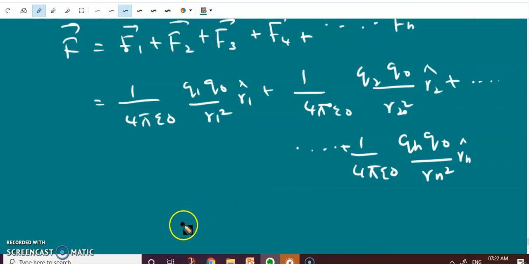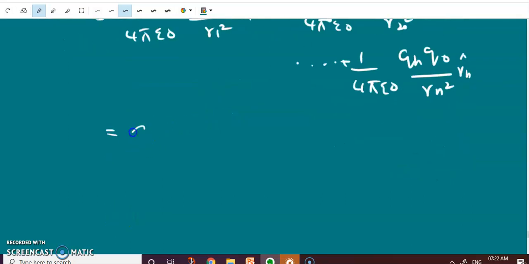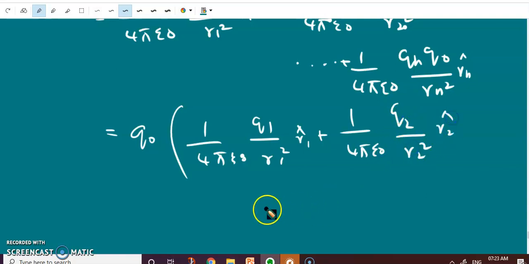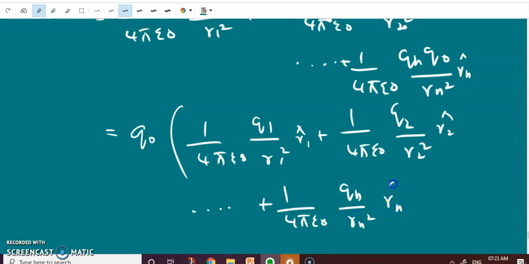So from this we can see that Q0 is a common factor, and therefore we can write Q0 into 1 over 4 pi epsilon 0 Q1 by R1 square R1 cap plus 1 over 4 pi epsilon 0 Q2 divided by R2 square R2 cap plus etc. up to 1 over 4 pi epsilon 0 Qn divided by Rn square vector Rn cap.